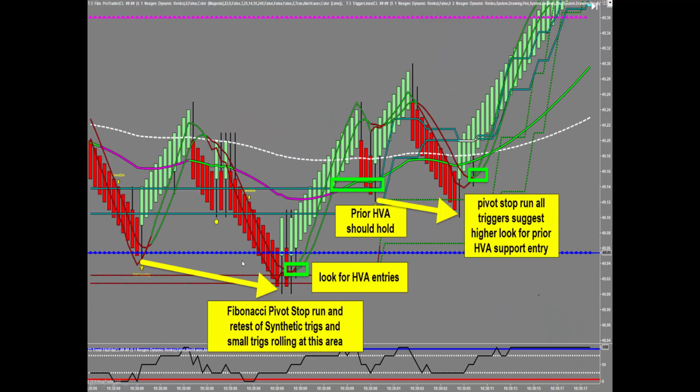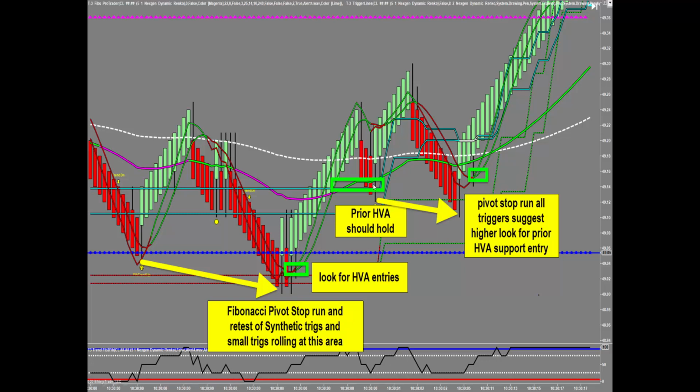All right. Again, as you're stopping out a pivot and retesting the top of those last synthetic triggers, we talked about some of the more experienced traders will look for long trades in this situation with the small triggers rolling up. When you add your high volume area to this look, right, synthetic triggers crossed up above support, testing the last retest of your trouble spot and a pivot stop run, this is a look where you can start to take your first long trades, right?